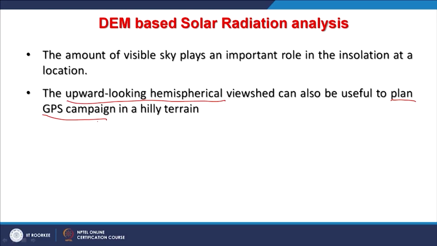So, if somebody is going into a hilly terrain and the area is fixed, and you have a reasonably good digital elevation model, then before reaching the ground one can plan what this upward looking hemispherical viewshed is going to be for the antenna of your GNSS or GPS device. There also, similar kinds of calculations can help.